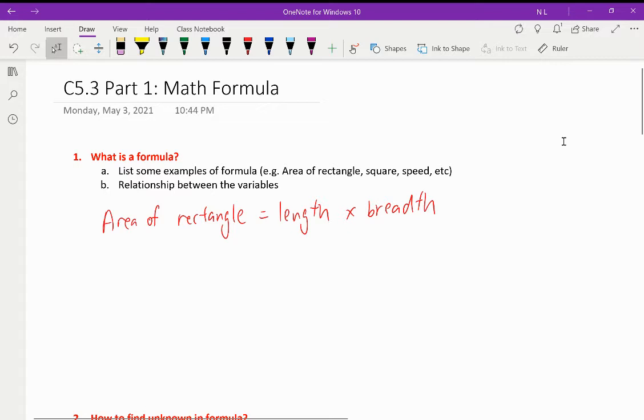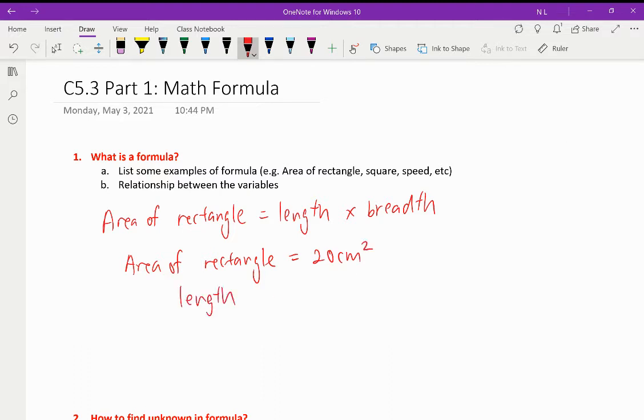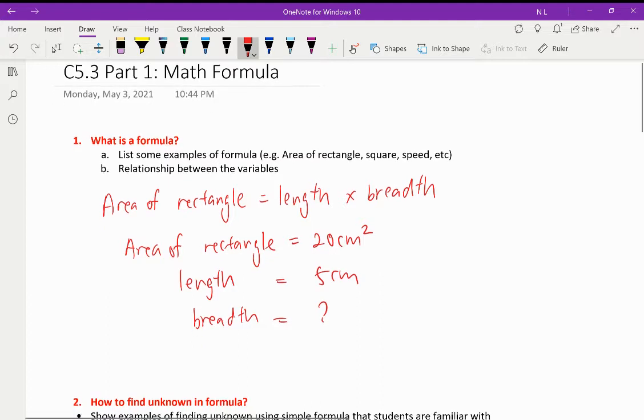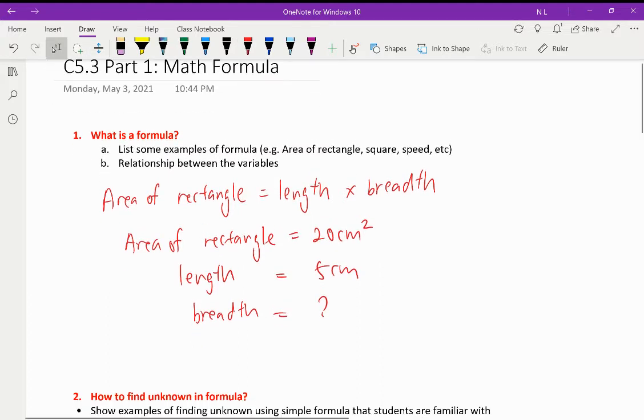For this particular concept today, we'll just be learning, given some values of the variables. For example, if we are given the area of a rectangle as 20 cm squared, and the length is given as 5 cm, and the question asks us to find the breadth of the rectangle, how do we find it?